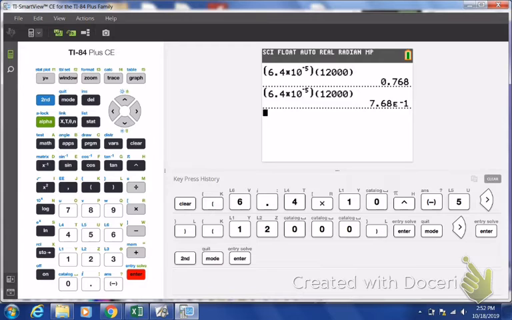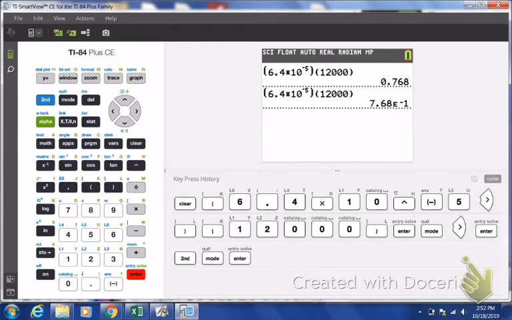So 7.68 E negative 1. Now this E part, you do not ever want to write that on your paper. That E stands for the times 10 part. So 7.68 E negative 1 really means 7.68 times 10 to the negative 1.